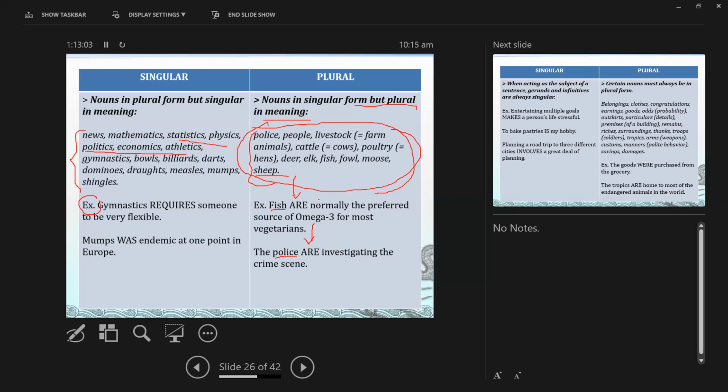The sheep are fed by the old mayor. Okay, let me check your example sentences. I feel like Joyce has a very good example.